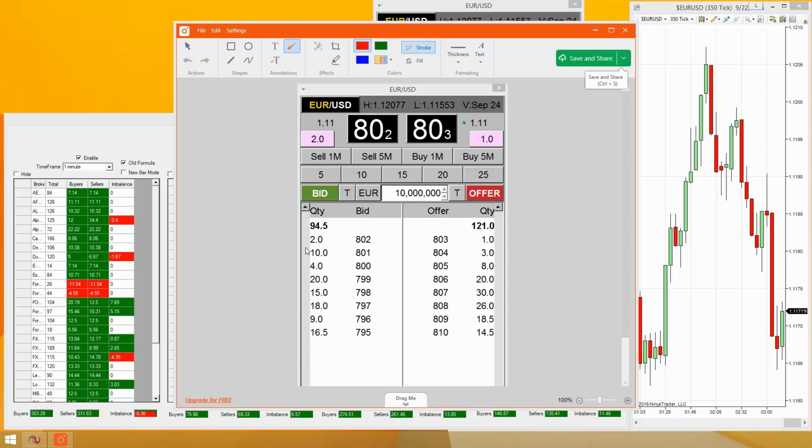Out of that, let's just say 50 million, he's going to get filled 2 million at this price, then another 10 million at this price, and it keeps going down. So instead of pushing the price up, he will push the price down before the price goes up.